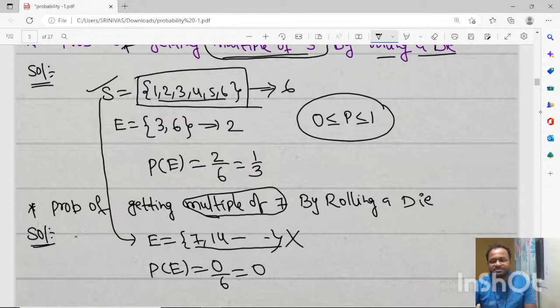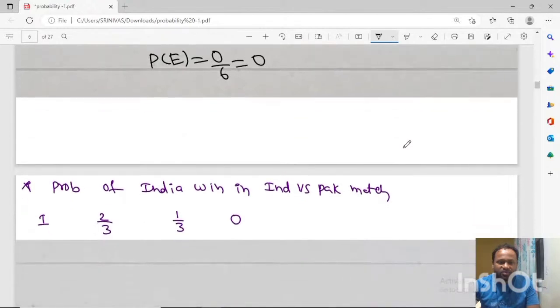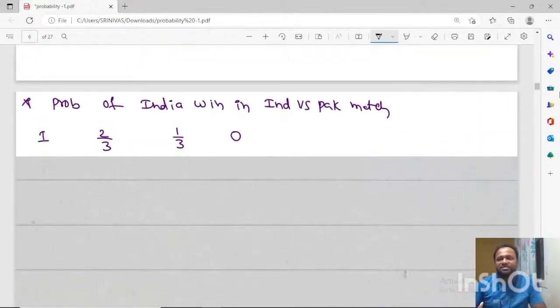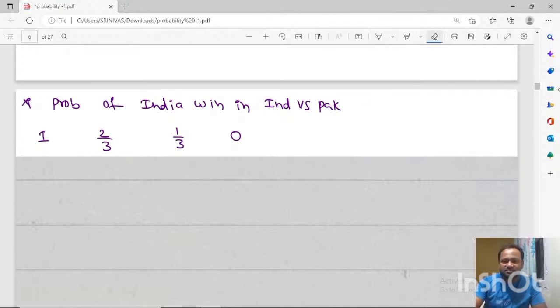Okay, then let me move to one more. See this. This is one of the important problems. Check the question. Probability of India win in an India versus Pakistan match.